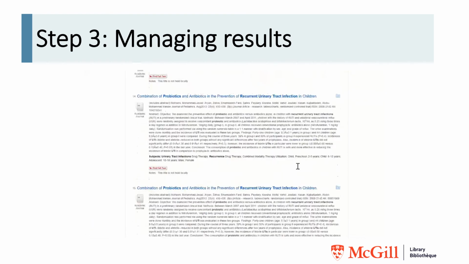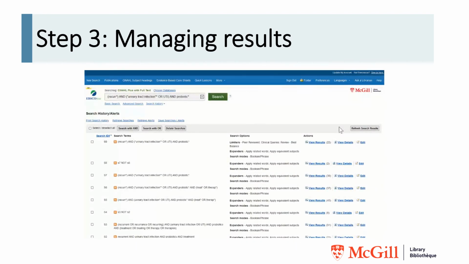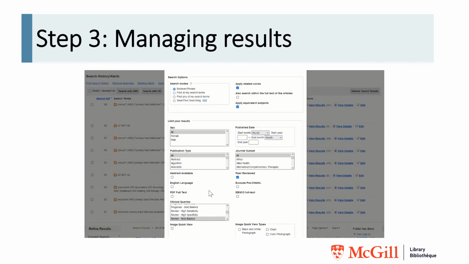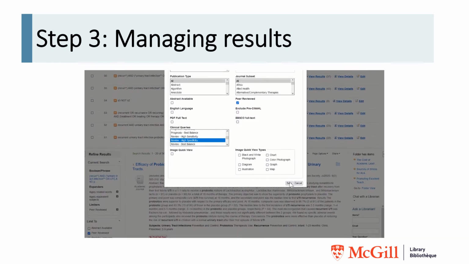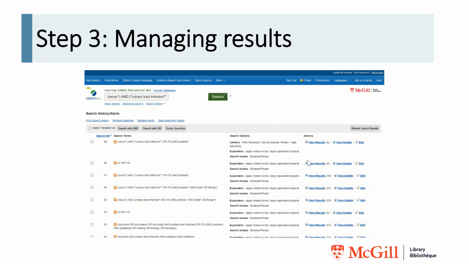I think that if I had used not the best balance, if we go back and edit that and change it to high specificity, I think that might bring us fewer of those things that were not really what we're looking for. So let's see, that only brings us 2 results.